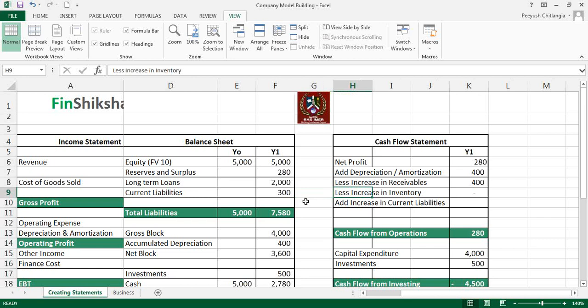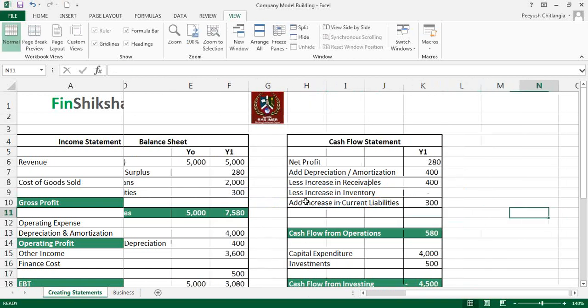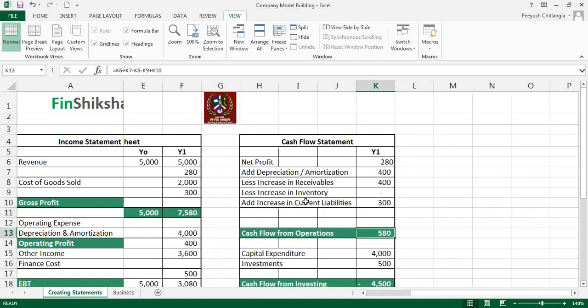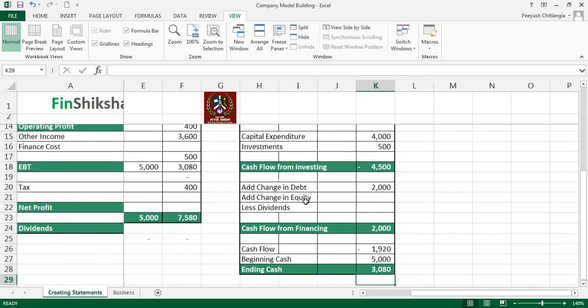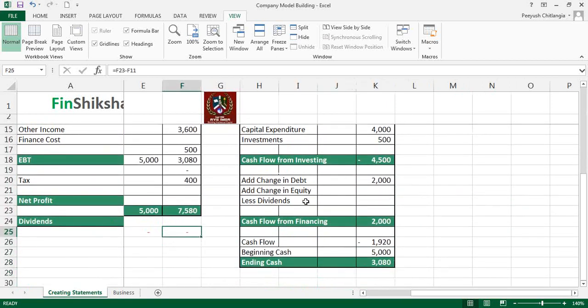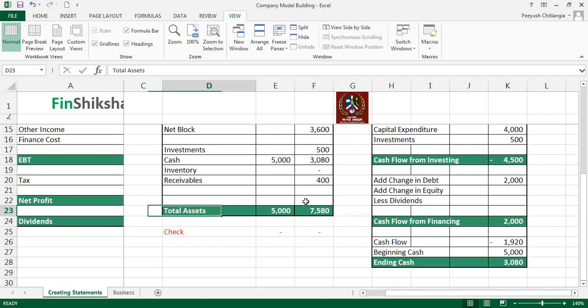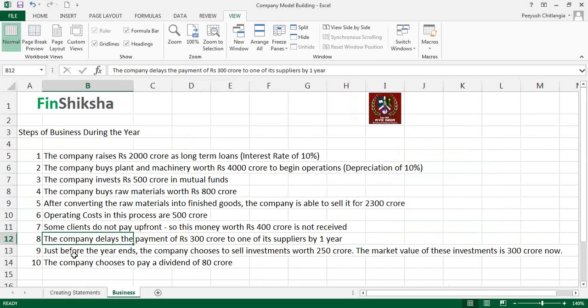Payables increased by 300 crores, and you have to add current liabilities 300 minus 0. And when you do that, effectively cash flow from operations increases and we have a balance sheet, right? So the total assets increase from 7280 to 7580, correct?